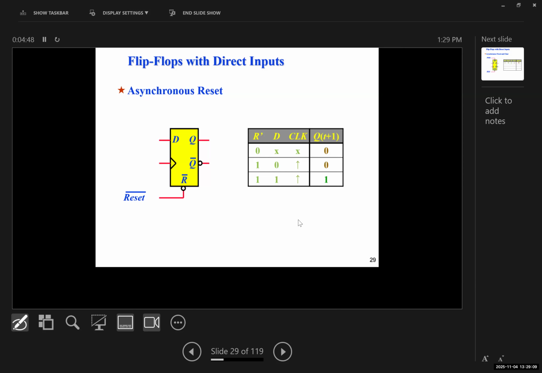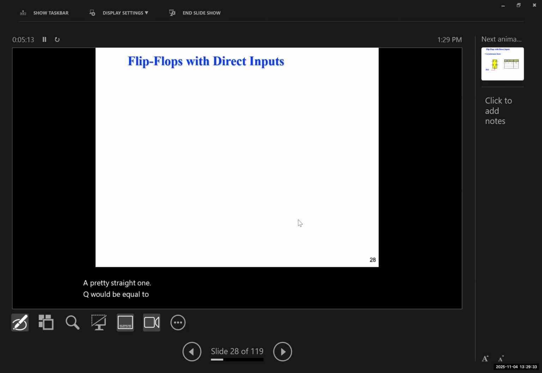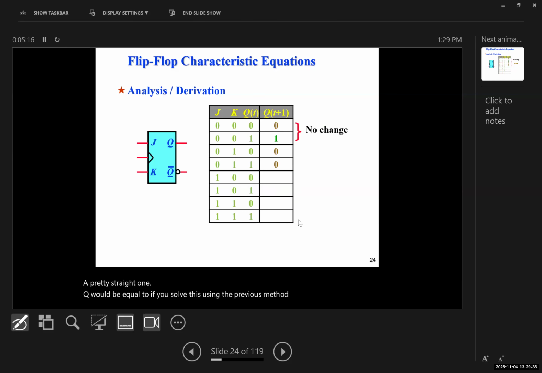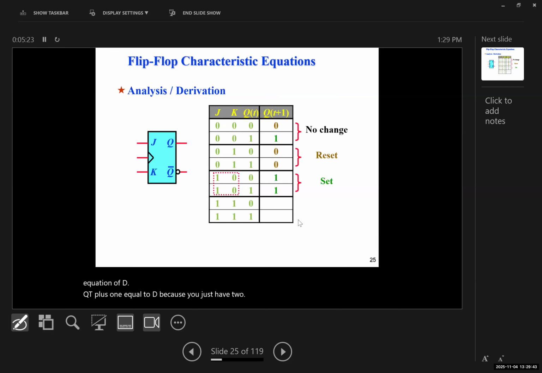If we do the truth table, if we have the positive edge of the clock, if D is 0, the output would become 0. If we have the positive edge of the clock and D is 1, the output would be equal to 1 as well. So this is a pretty straight one. If you solve this using the previous method, you're going to get to the equation QT plus 1 equal to D, because you just have 2 outputs in the table.